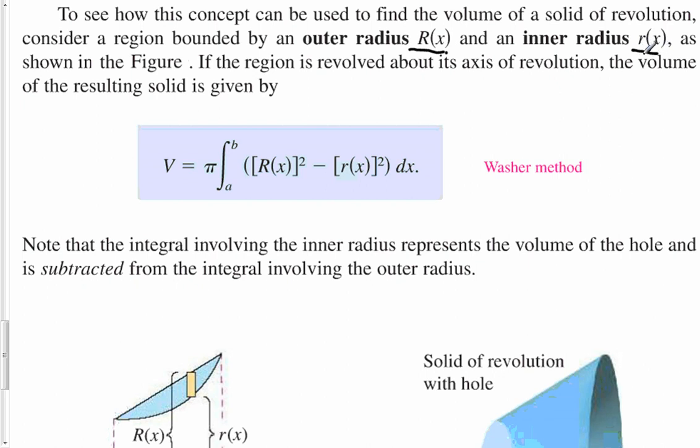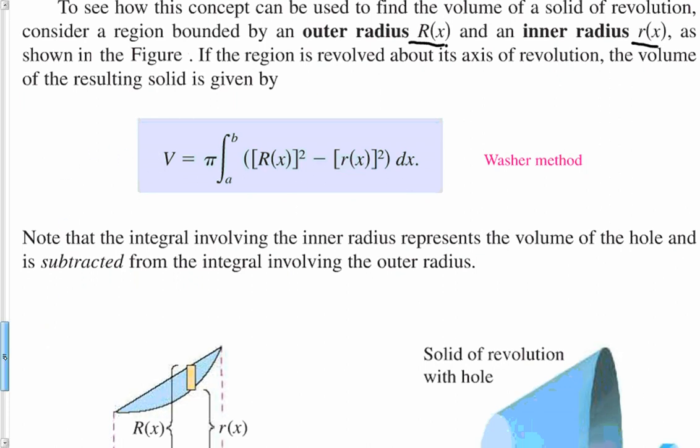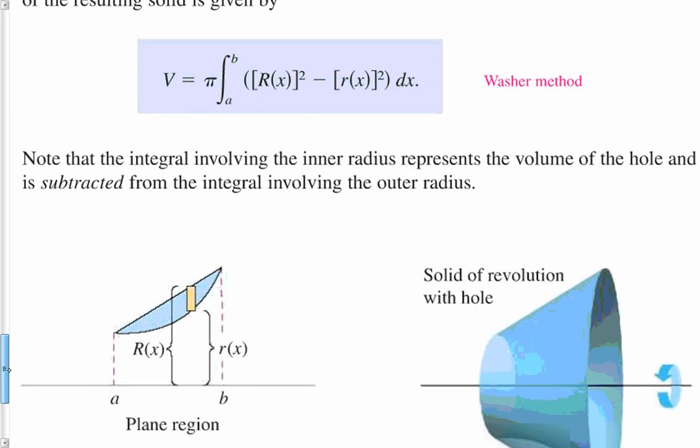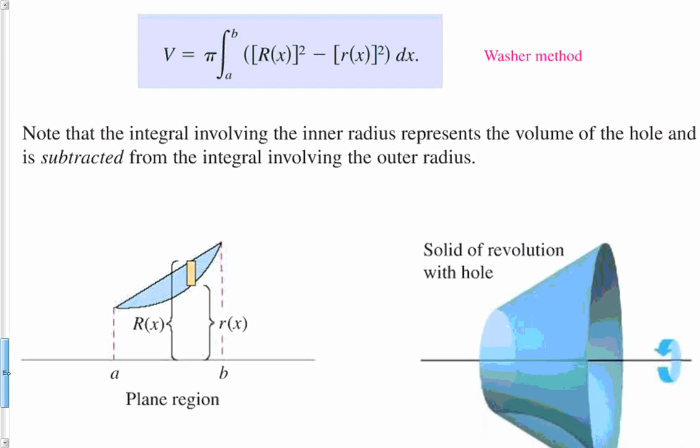We're going to subtract the volume of the inner disk from the volume of the outer disk, as shown in the figure below. If the region is revolved about its axis of revolution, the volume of the resulting solid is given by this. This is the washer method.